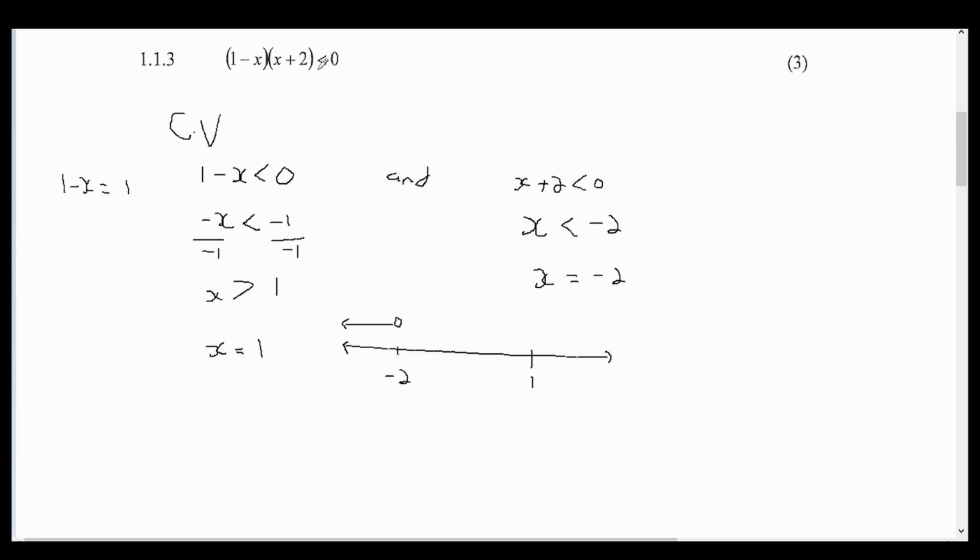If this had an equal sign over there, we would include minus 2, but since it isn't, we won't include it, so we use an open circle. And then the same with 1, so it's everything greater than 1, so it's all the numbers on this side of our number line. And that's your little graph.